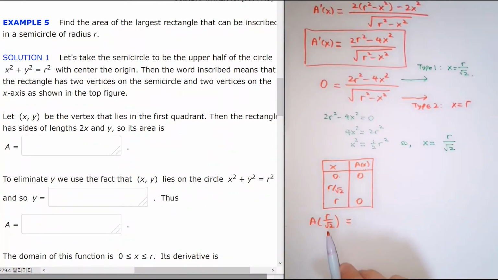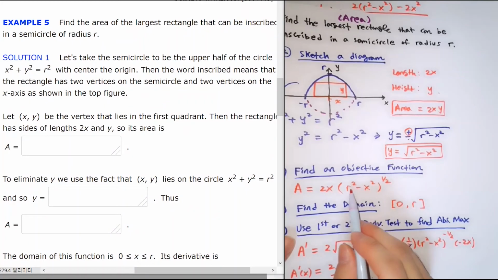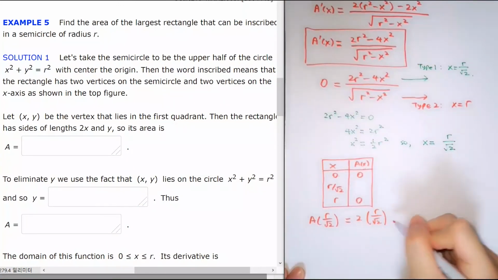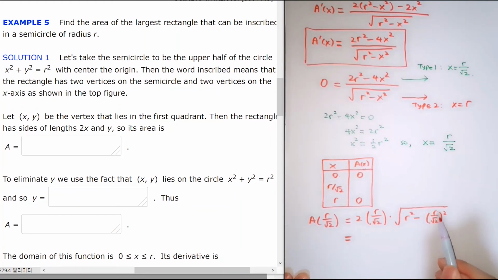Area of r over root 2 is equal to 2 times r over root 2 times square root of r squared minus (r over root 2) squared. Everyone, first I'm going to get rid of the bracket and try to simplify the inside the radical here.